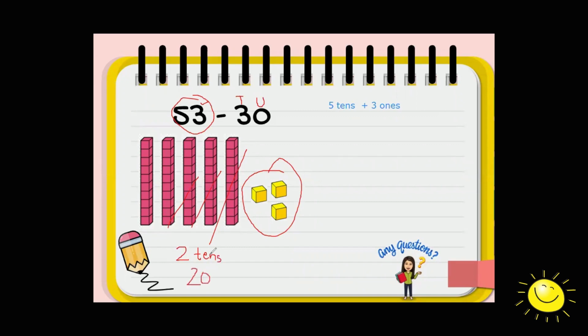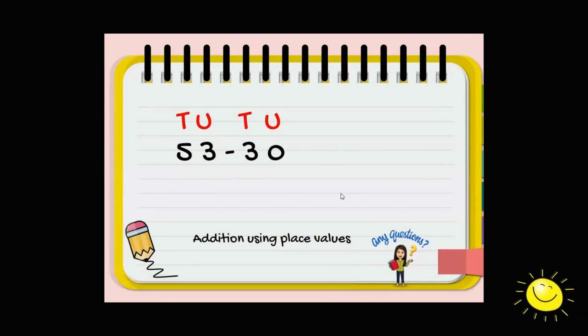And we have not touched the units, so units remain the same. So the answer is 20 plus 3 units is equal to 23. So 53 minus 30 will give you 23 because we took away 30 from 53.